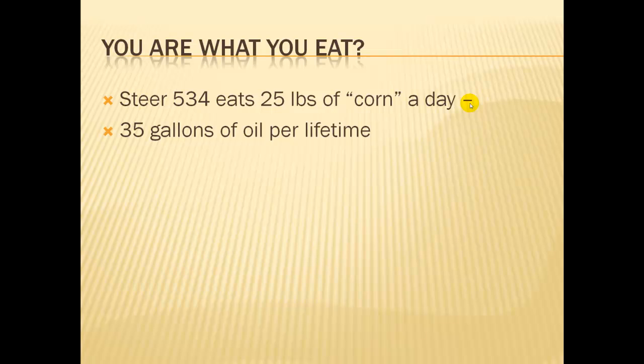If we look at Steer 534 from the Michael Pollan book, that thing is eating 25 pounds of corn a day. Now, corn is in parentheses because you have to remember it has protein and fat and vitamins and antibiotics and all sorts of good things in it as well. But the energy that goes into producing that corn amounts to about 35 gallons of oil per lifetime of the steer.